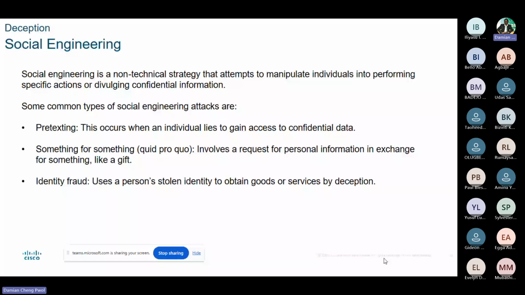You ask for personal information, maybe the surname, you provide the surname, then you have something in return. Identity fraud uses a person's stolen identity to obtain goods or services by deception. This one is more of impersonation.